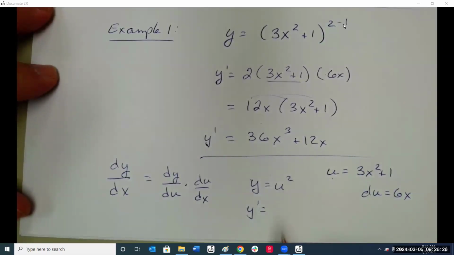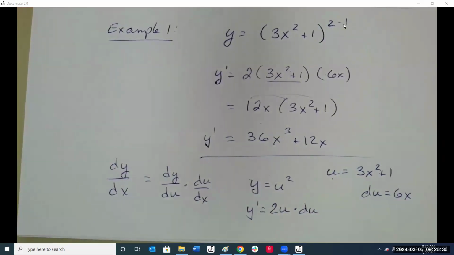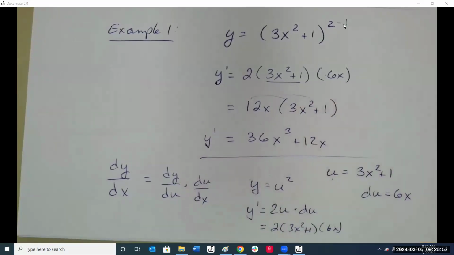So the derivative of u squared is what? 2u times du. So when we put the stuff together, we have 2 times 3x squared plus 1 times 6x, which is what we just did on top.